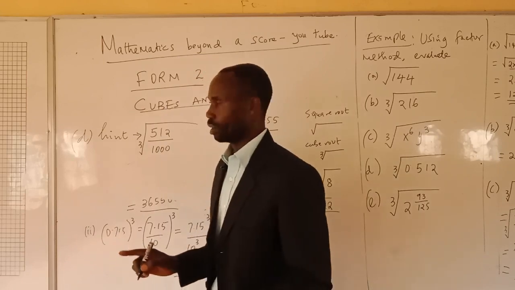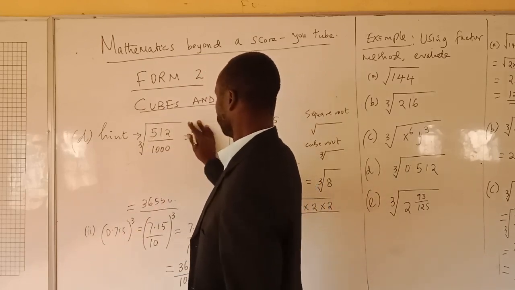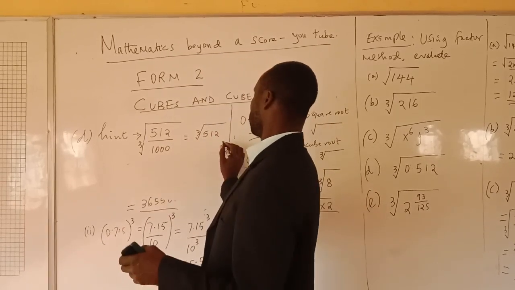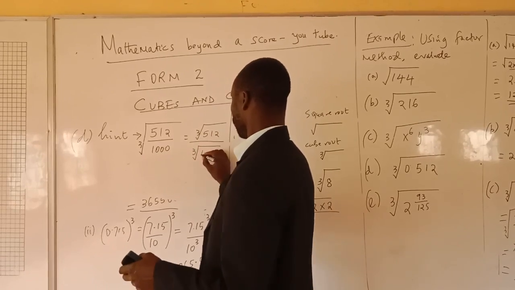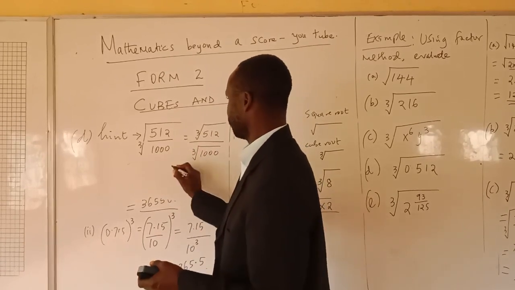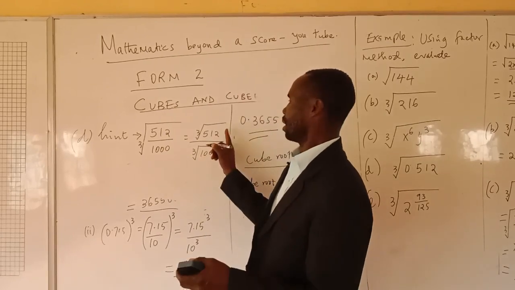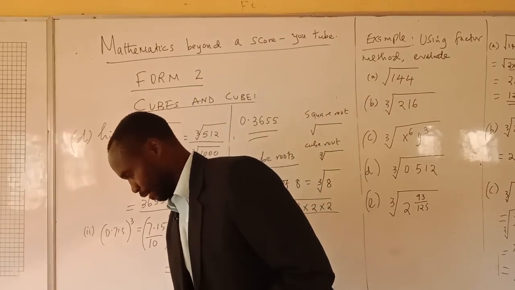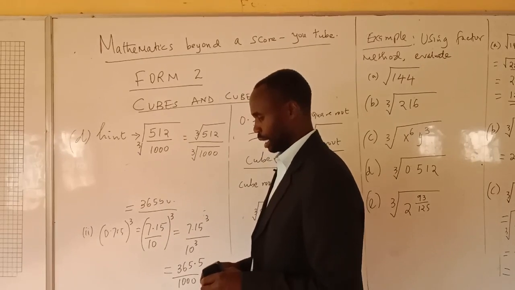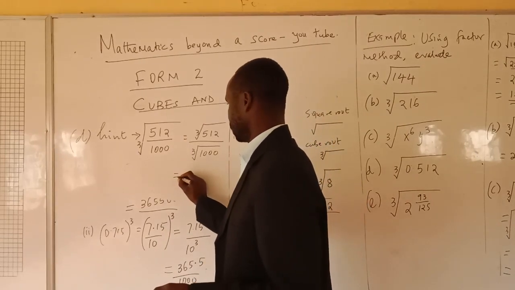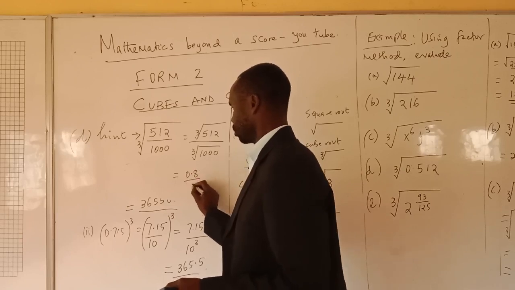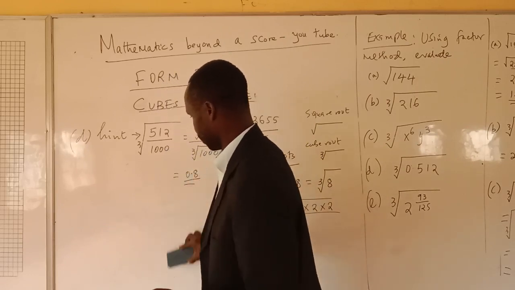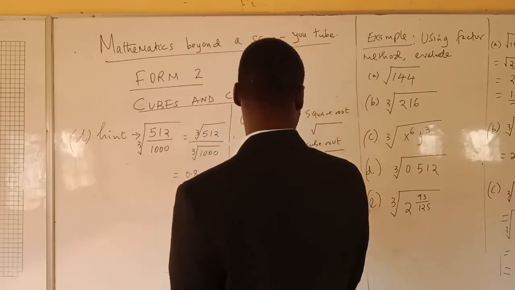So you find the cube root of 512 using the factor method, over the cube root of 1,000. The cube root of 1,000 is 10, and the cube root of 512 is 8. So the answer you will finally get is 0.8. Can you discuss with your friend so that you get that answer when you are together with your classmates?